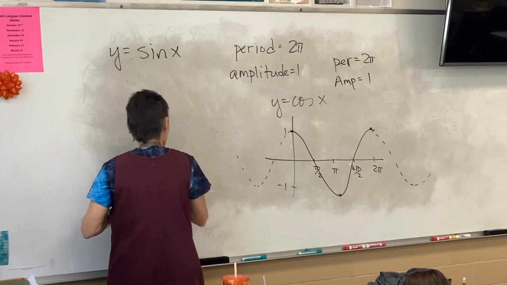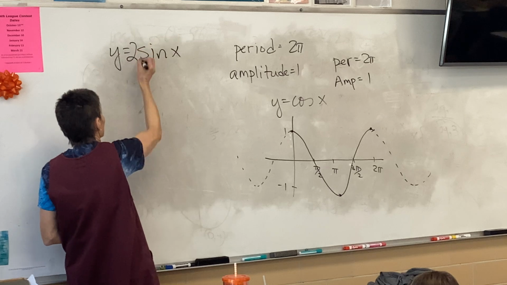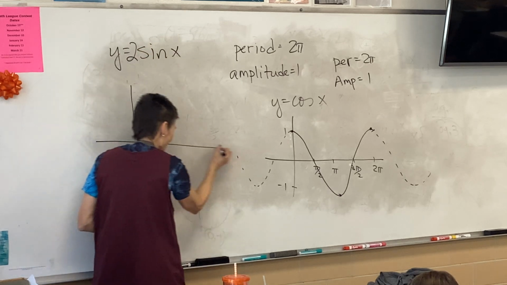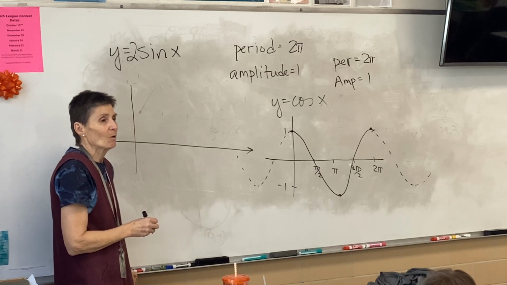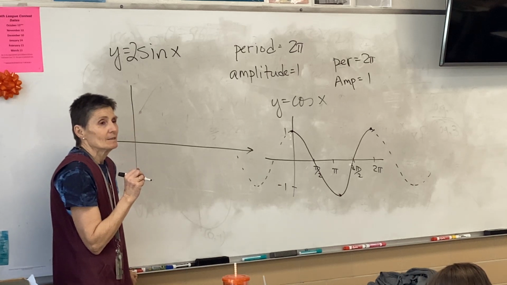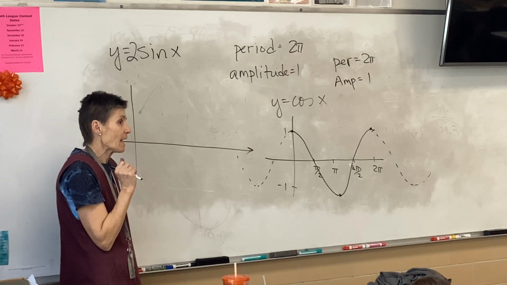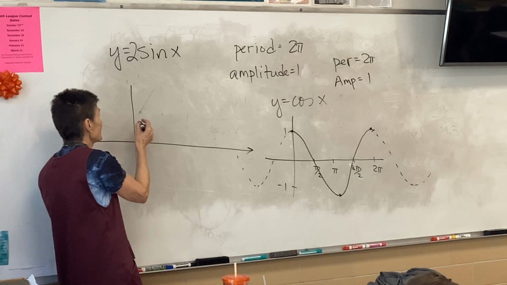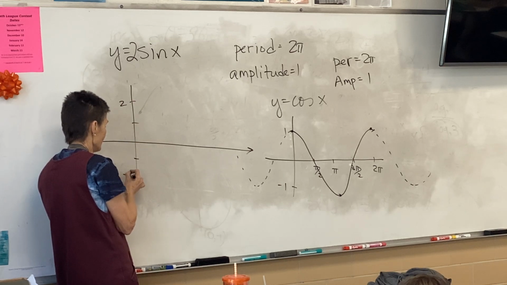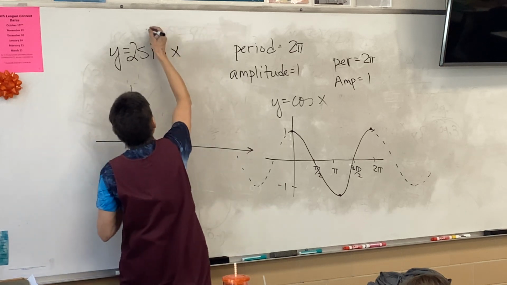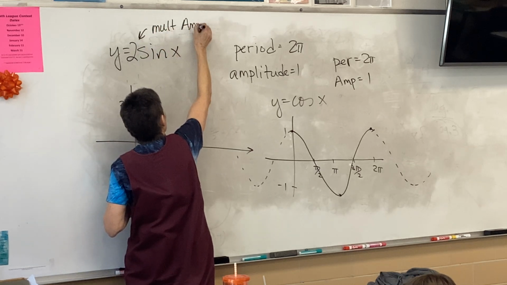Let's look at the next question, which is 2 sine. So the amplitude increases. Very good. So we're going to draw the sine curve that I just erased. We're going to draw that exact picture, except instead of going up 1, it's going to go up 2. This number multiplies your amplitude.